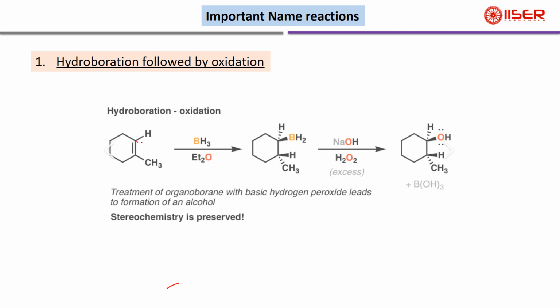The less bulky center will take the boron, and the more crowded center will take a proton and give us this hydroborated product. After that, if you add NaOH and H2O2, the carbon-boron bond breaks and forms a carbon-oxygen bond.